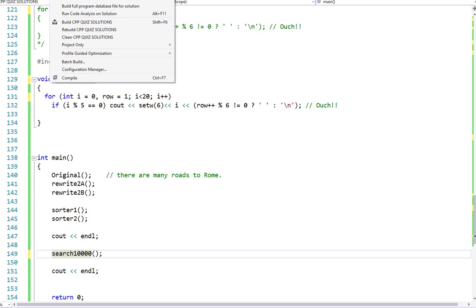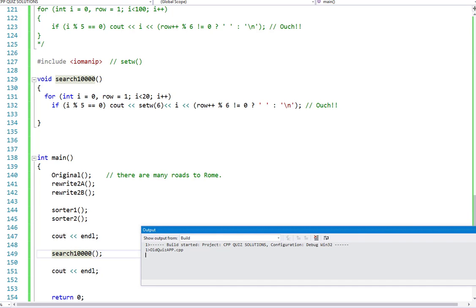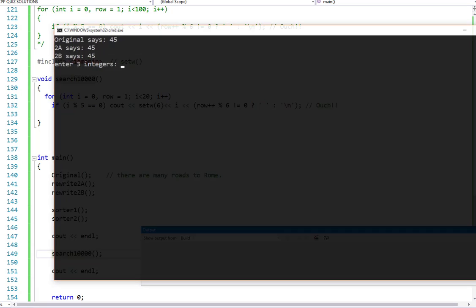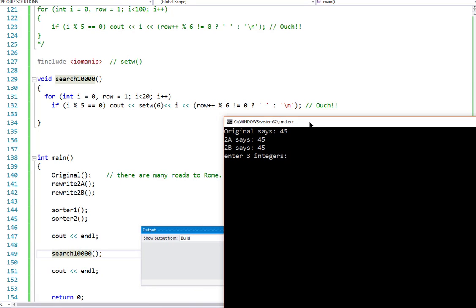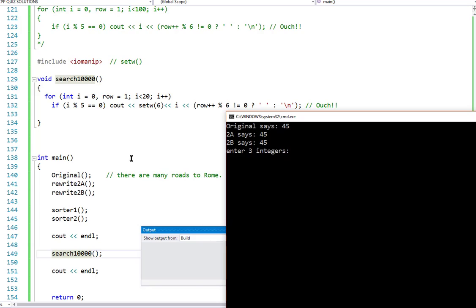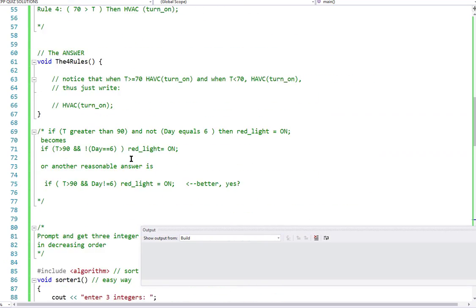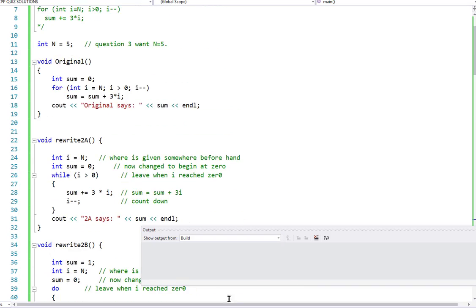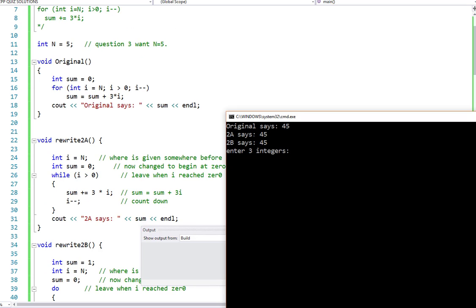So I build and run this thing. And here we go. Here we see, I'll go up to our first functions here very, very quickly. We see that they both give 45, 45, 45, and that's when n equals 5. So I'll put some numbers in here.